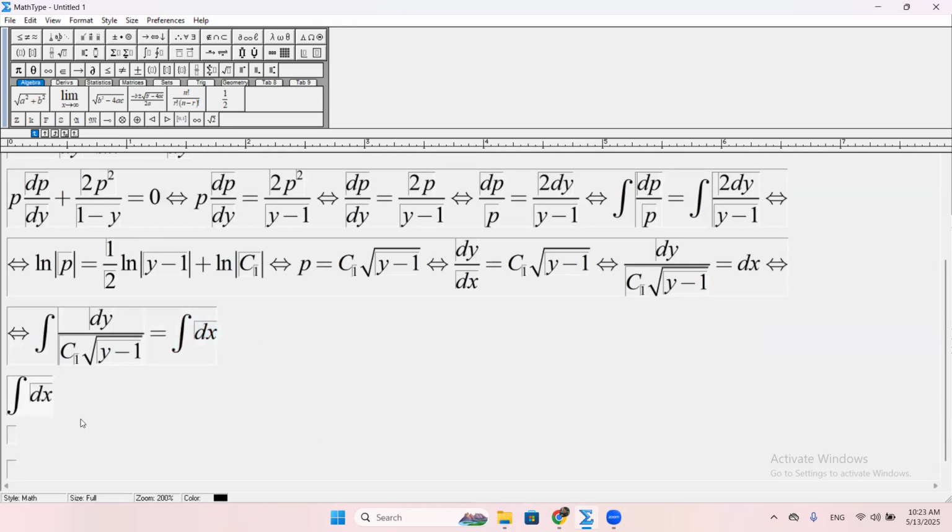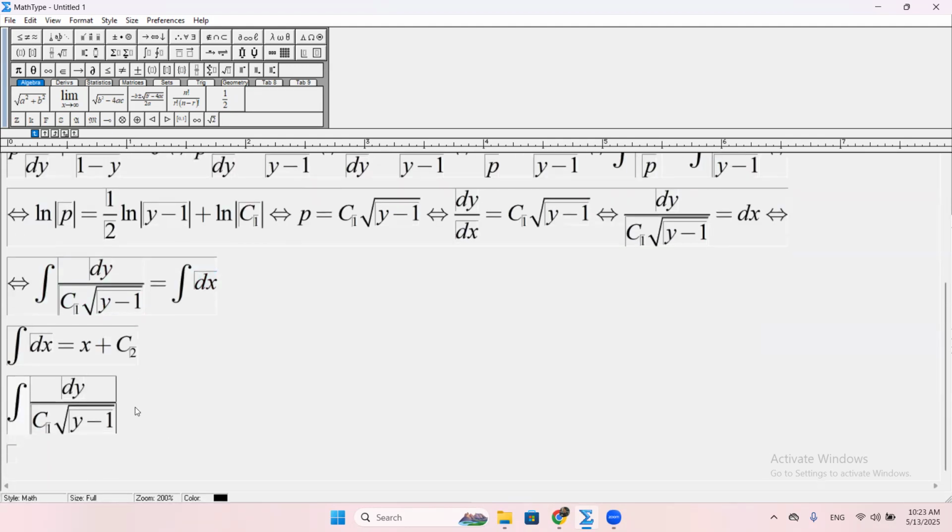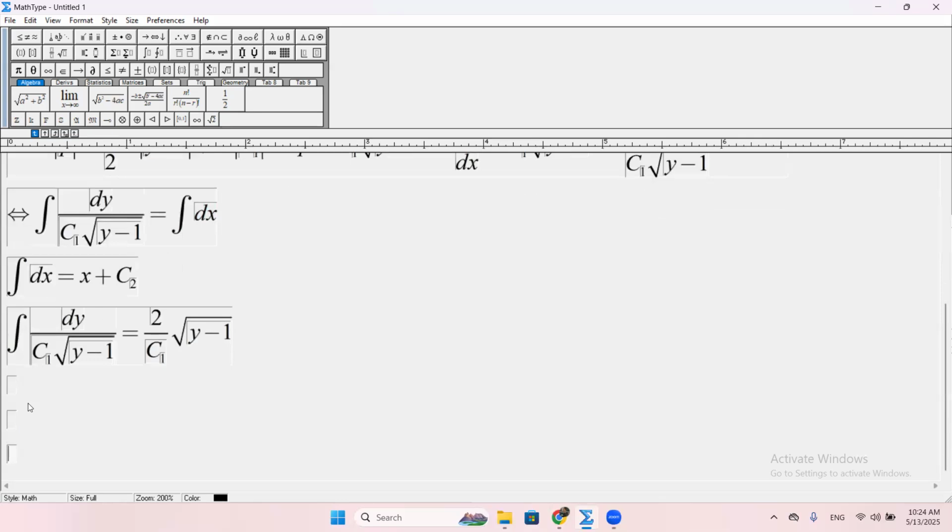So this integral will be equal to x plus c2. And what about this integral? It will be equal to 2 over c1 square root of y minus 1. So we will receive the following equality.